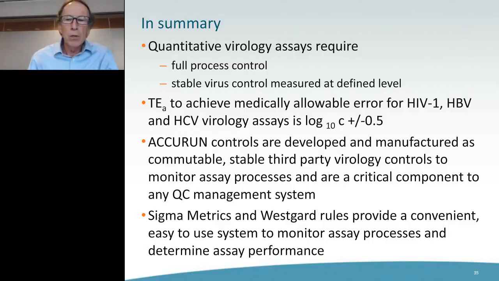The ACCURUN controls were developed and manufactured to be commutable, stable over long periods of time to allow you to compare results over a long period of time and allow you to monitor your assay processes, and are critical components to any of your QC management systems. And the metrics and the rules provide a nice, convenient, easy way to use them to follow your processes.